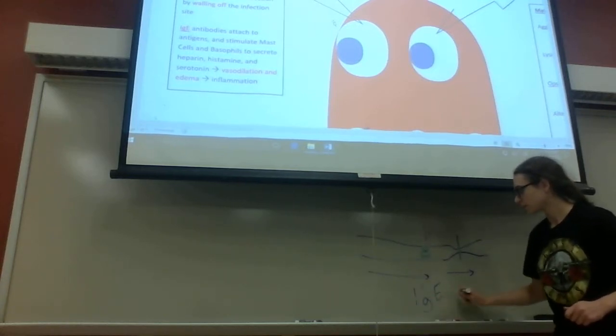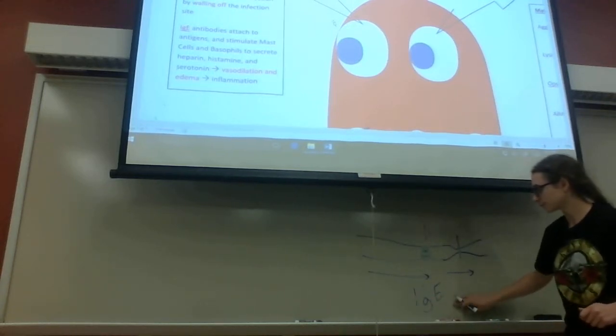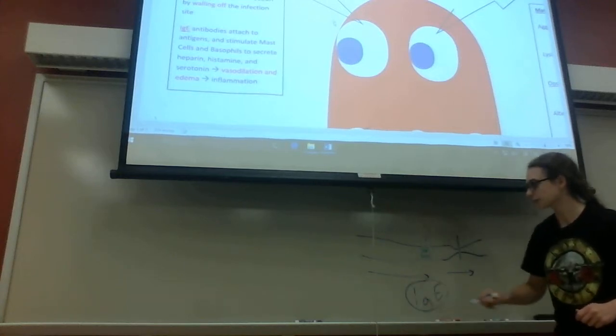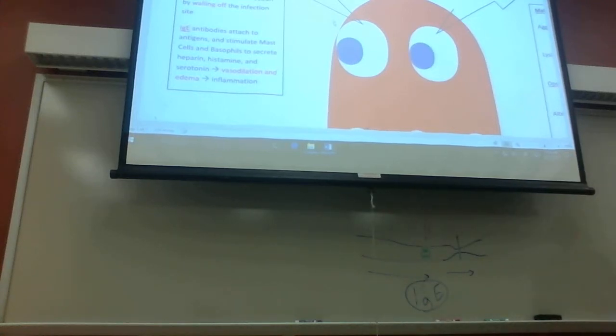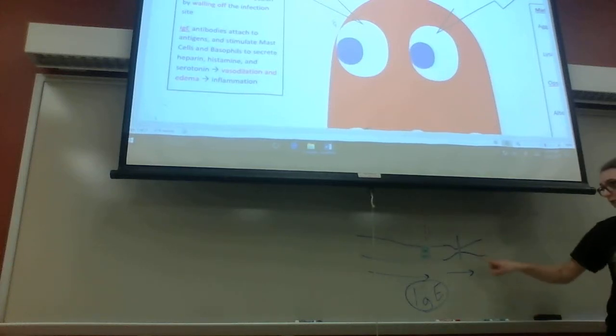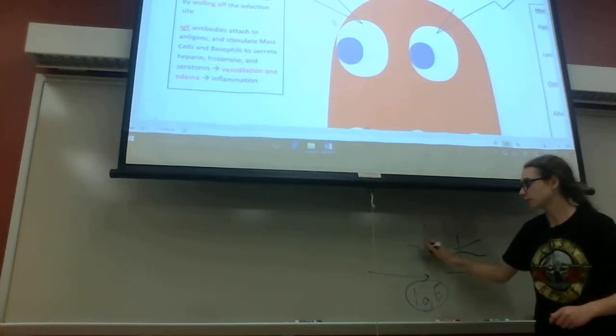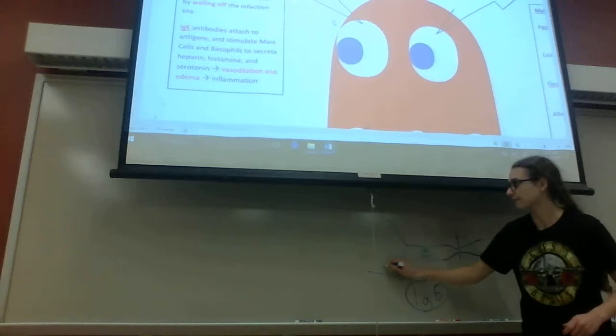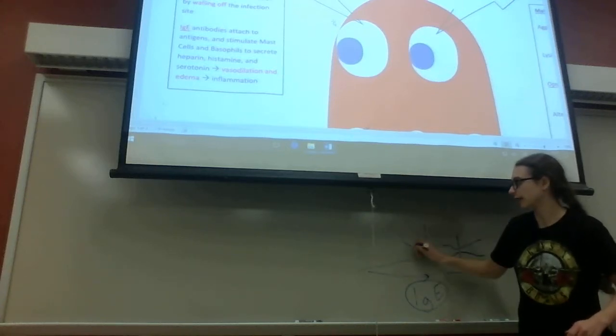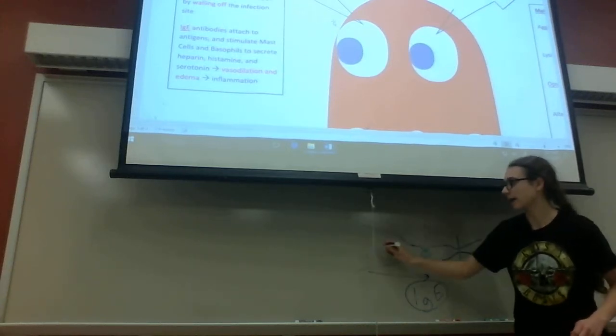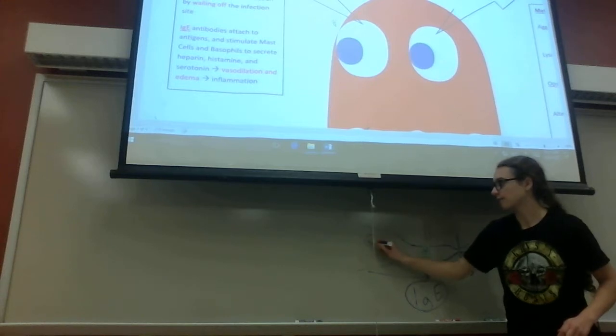IgE will then go to your basophils and secrete heparin and histamine and serotonin, and this causes vasodilation and edema. So you have this walled off infection site, but then this portion of your vessel will vasodilate. It'll get bigger because you're trying to increase the amount of immune cells.